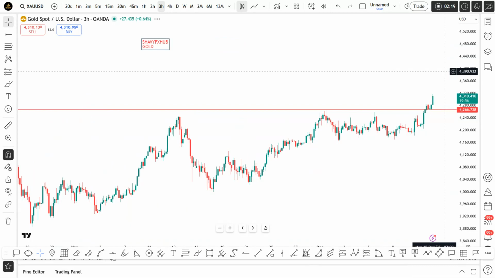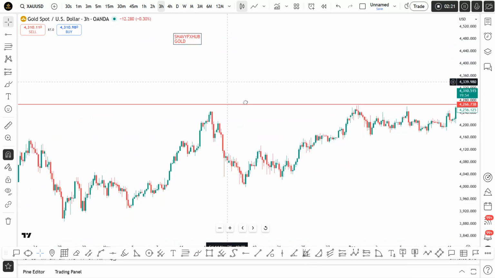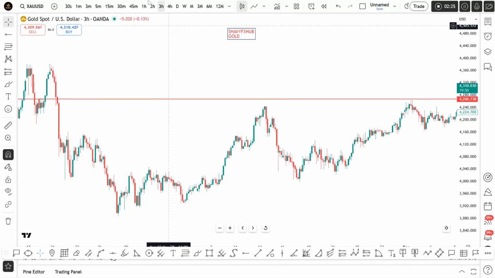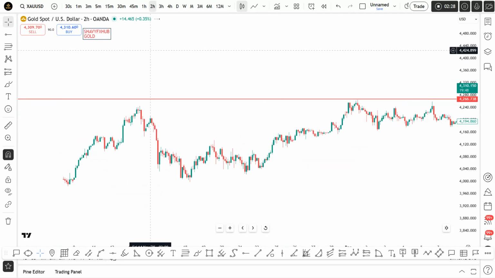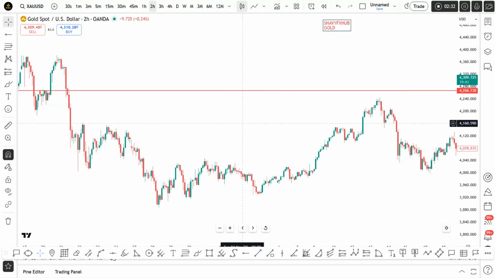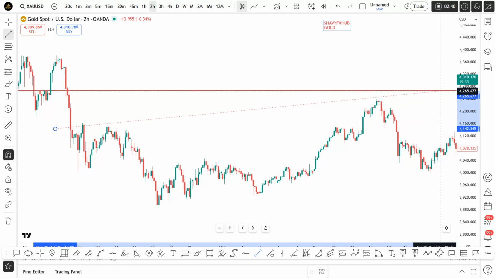I want to look at a 3 hours time frame to get the right trade structure. I'm also looking at 2 hours. Okay, beautiful. So now on 2 hours, this is the trend on 2 hours.